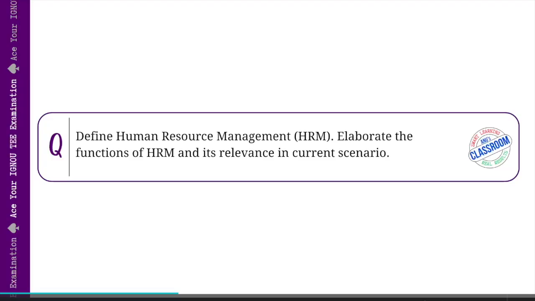So, HRM is what makes all of this possible by aligning people strategies with business goals. So, in short, HRM is not just any sort of a support function here. It is rather the strategic partner for the organization that drives its growth and innovation.